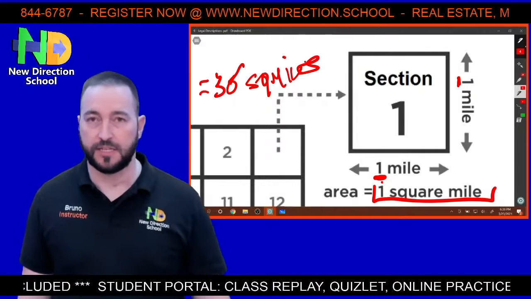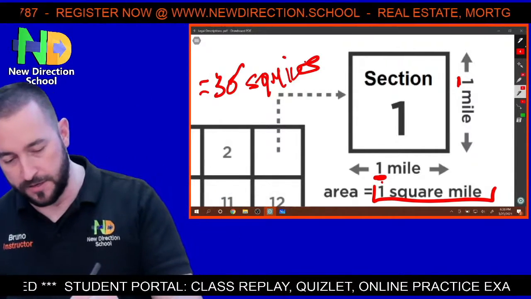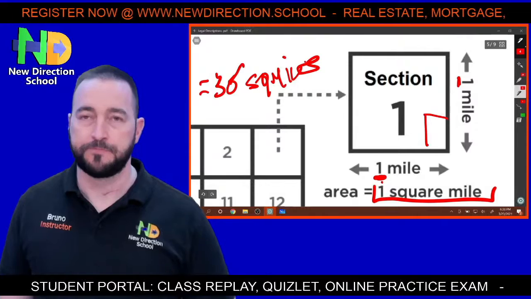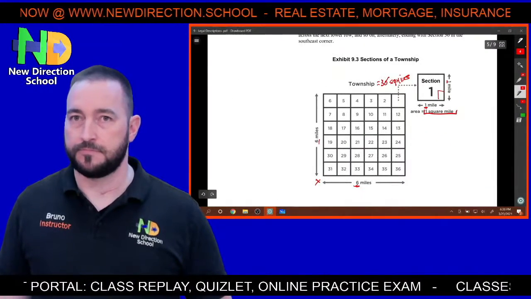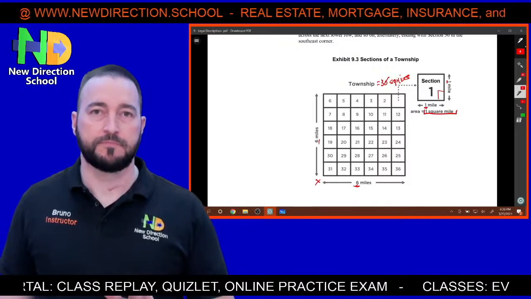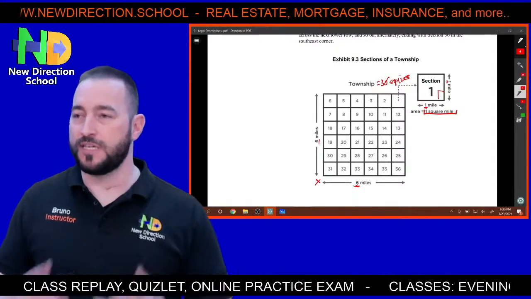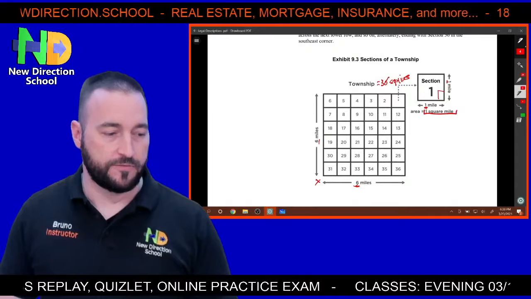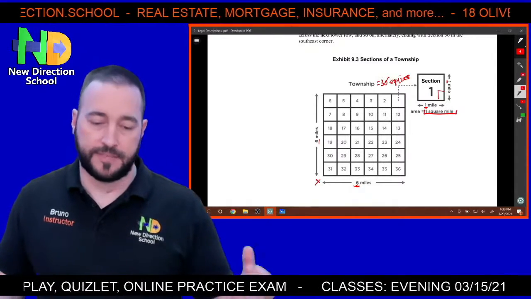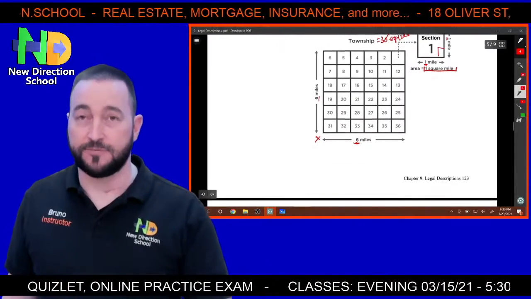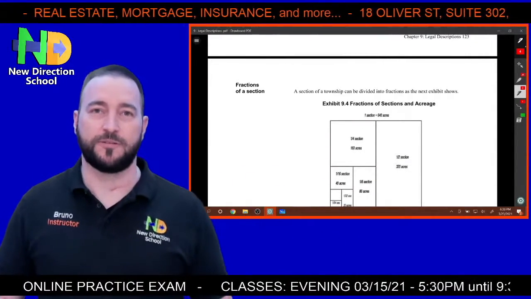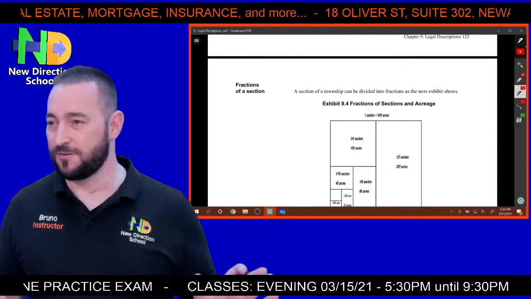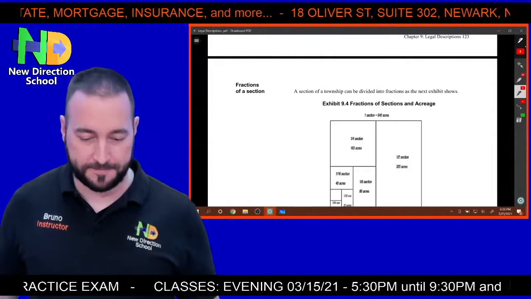And you might live somewhere here on section 1 of this township. You guys understand? They try to make it even so it's easier to identify rather than the complicated ways we had before. But again, that's what evolution is. We start off with, hey, whatever we can get, and eventually we're like, okay, let's make even blocks so people know where they are.